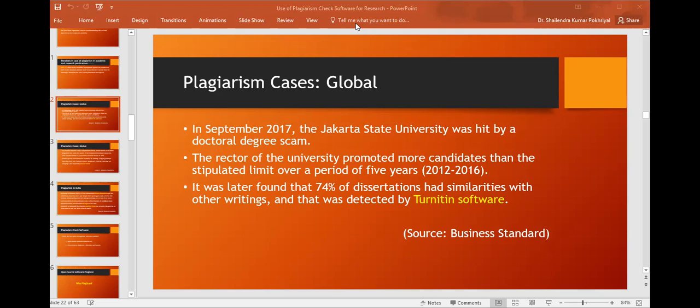It was detected by the software called Turnitin. It was later found that 74% of dissertations had similarities with other writings, detected by Turnitin, which is one of the software that we'll discuss later. This report was published in Business Standard.